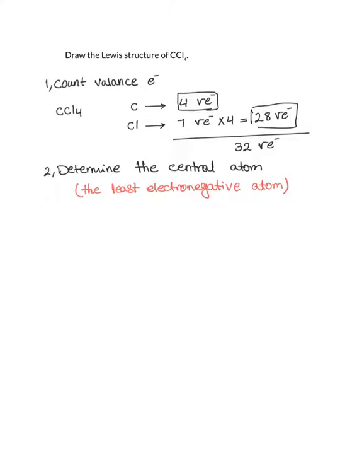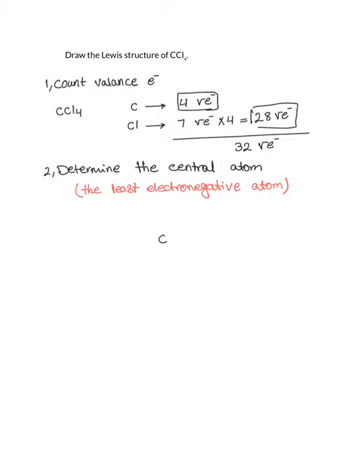So here we used carbon tetrachloride, which is made of carbon and chlorine. If you remember the electronegativity trend in the periodic table, carbon is less electronegative than chlorine. So we have carbon as the central atom, and we have 4 chlorines around it.